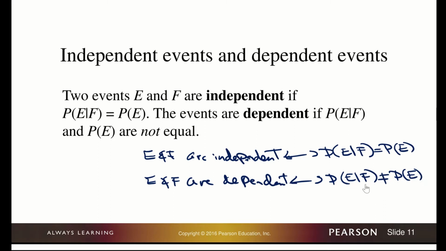So therefore, F has some kind of influence on E. Therefore, the two events are considered to be dependent.